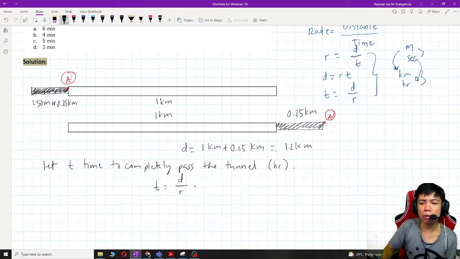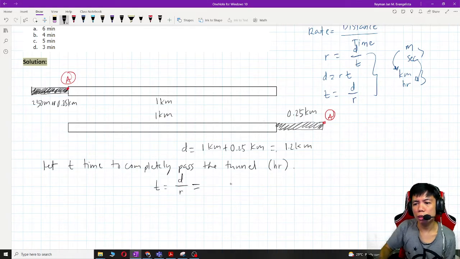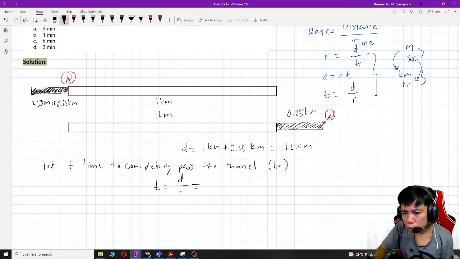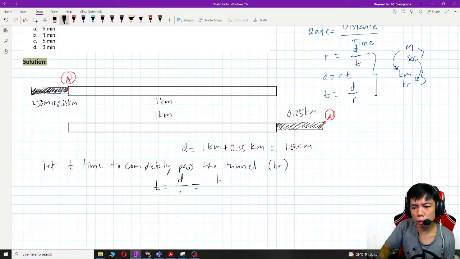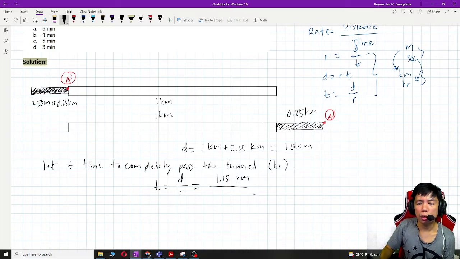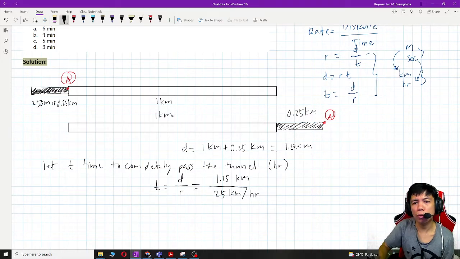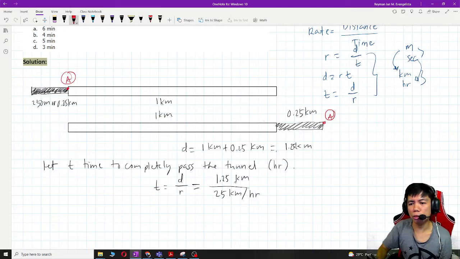Yung distance natin is 1.25 kilometers. Okay, divided by ang ating rate is 25 kilometers na per hour. So, cancel dyan guys yung unit na kilometer.